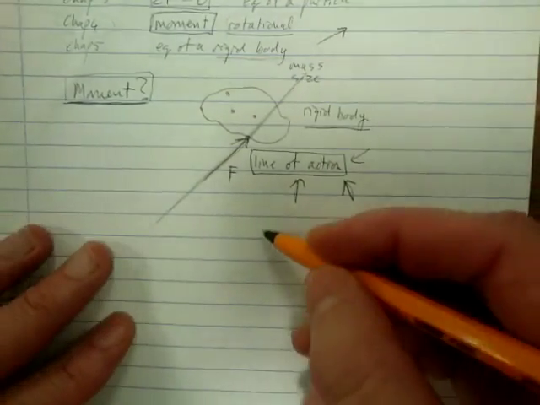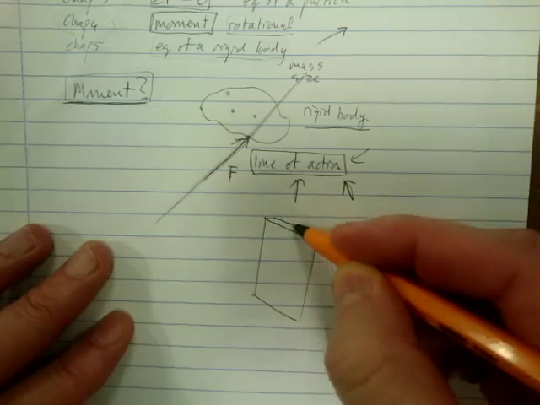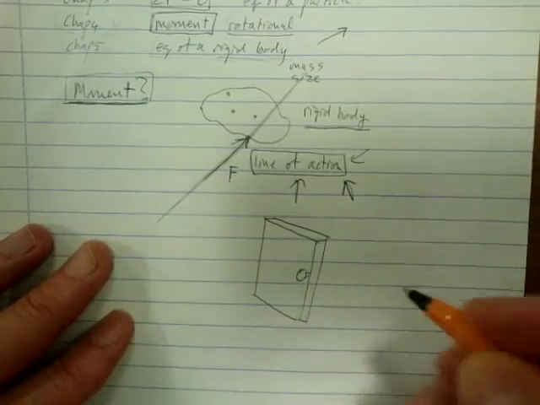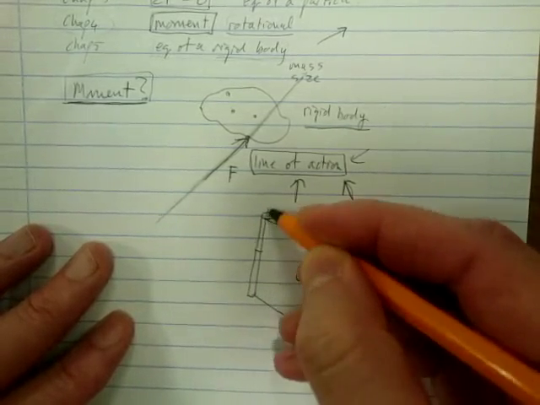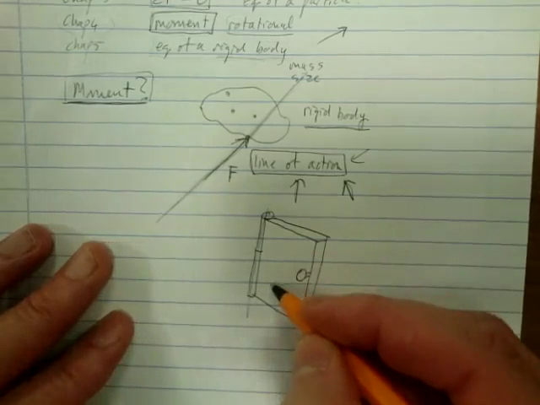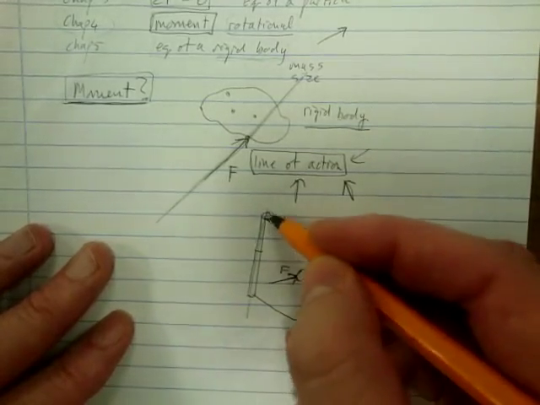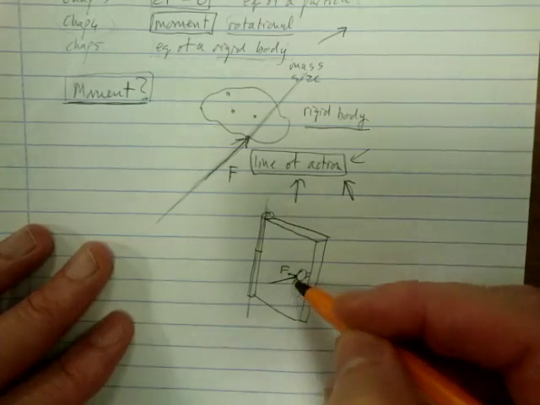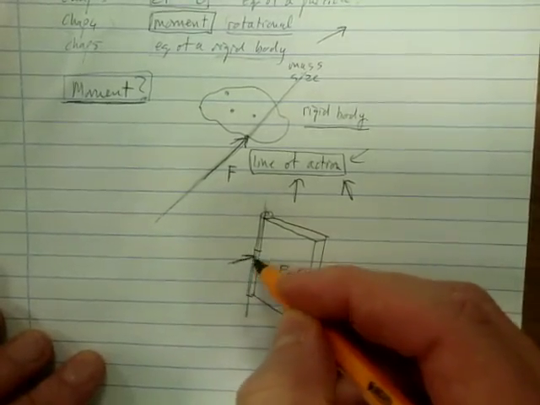If there's a door, there's the handle, and there are some hinges here, and it rotates around this hinge. You apply a force by pushing there, but because it's free to rotate here, it rotates about this point. But what happens if you apply exactly the same force at that point there?